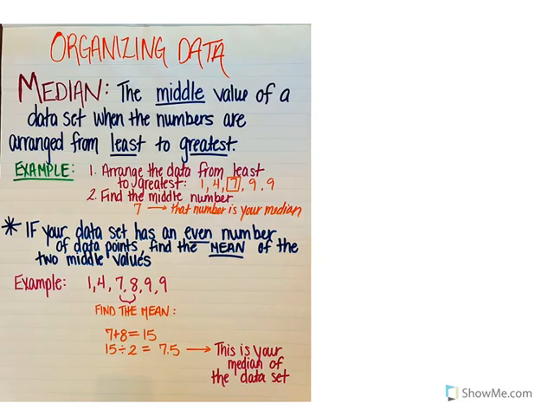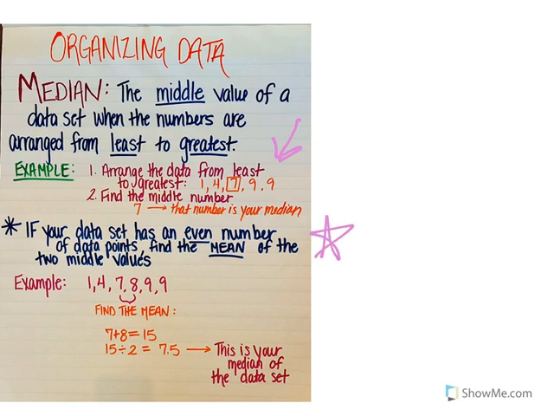Another way that we organize data is by finding the median of the data set. The median is the middle value of a data set when the numbers are arranged from least to greatest. So for example, if we are given a data set like this one, the first thing you need to do is order it from least to greatest, so smallest to largest, and then find the middle number.